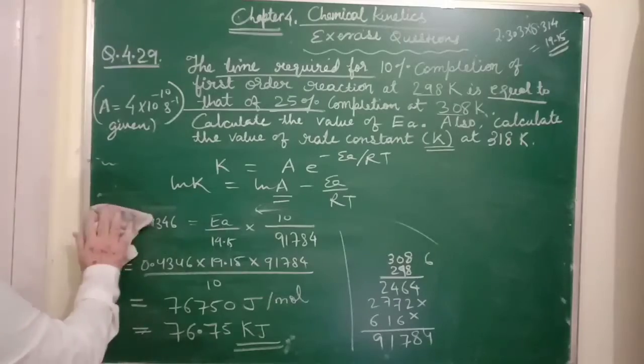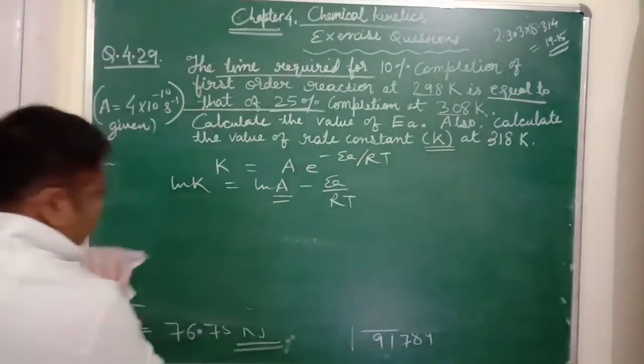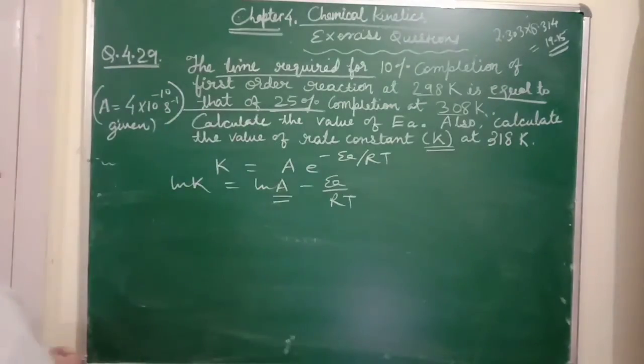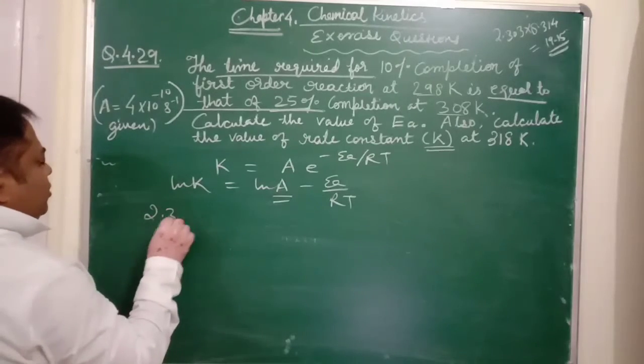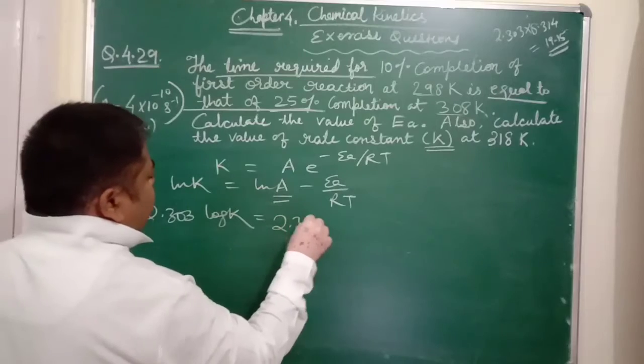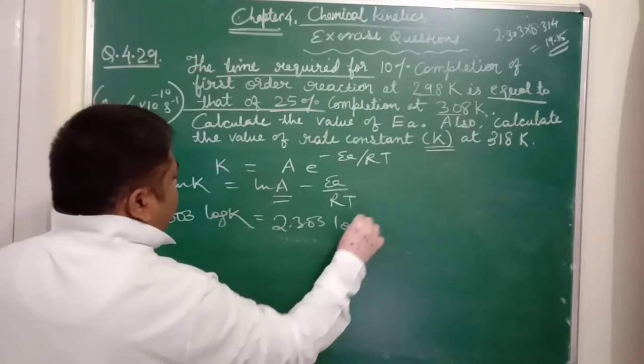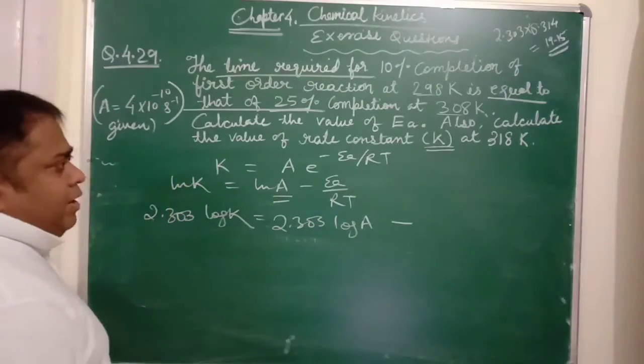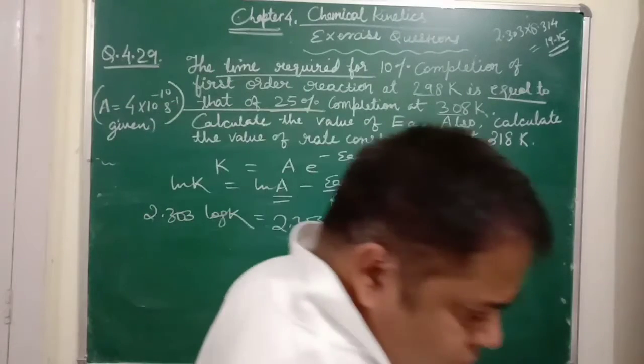So we can write 2.303 log k is equal to 2.303 log A minus the value of Ea we had found out.